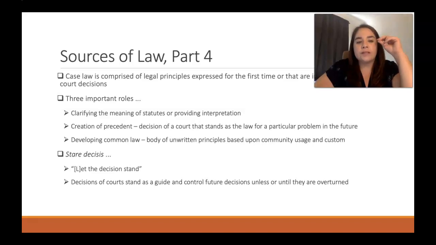So, stare decisis is really the concept of letting the decision stand. Judges don't like to be wrong, folks. And if they are wrong, it's other judges that tell them they're wrong.